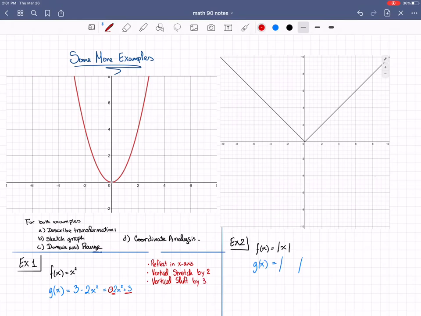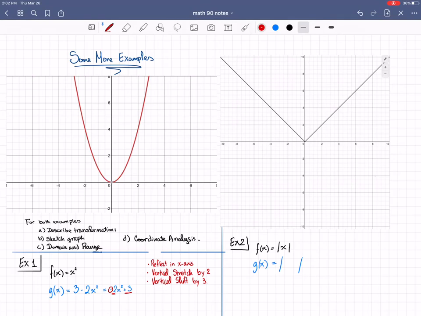Notice that for the shift and the stretch, I'm specifying that it's vertical, and I'm specifying by how much it is. So it's not enough to just say stretch and shift. You need to specify that it's a vertical stretch by how much. For the shift, you could also say shift up 3 if you find that to be quicker. That means the same thing, but make sure to specify what direction you're shifting and how much.